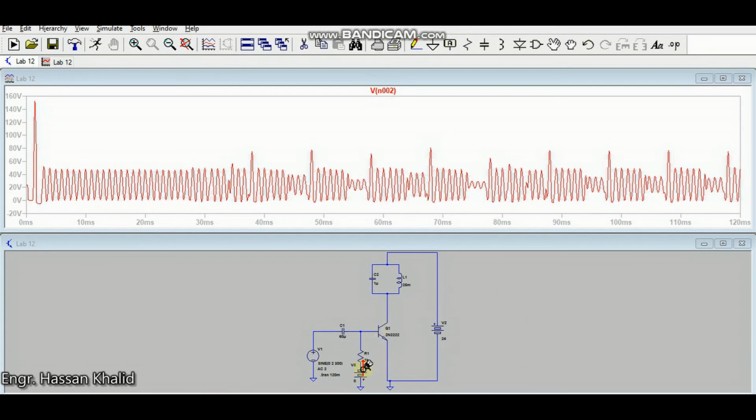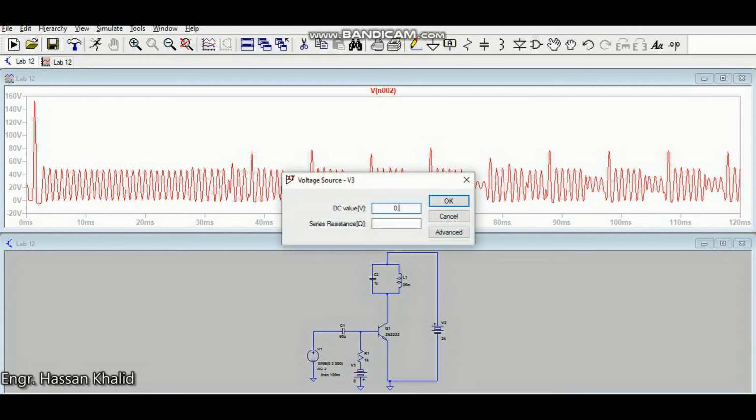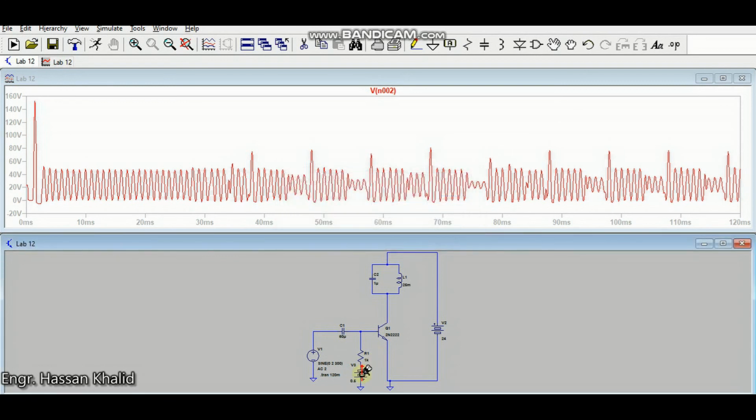Okay, now if I connect my DC battery with this resistor in the negative direction, and provide 0 volts, I get the same result as before. Now if I apply 0.5 volt, that means I am actually opposing the base to emitter junction diode.